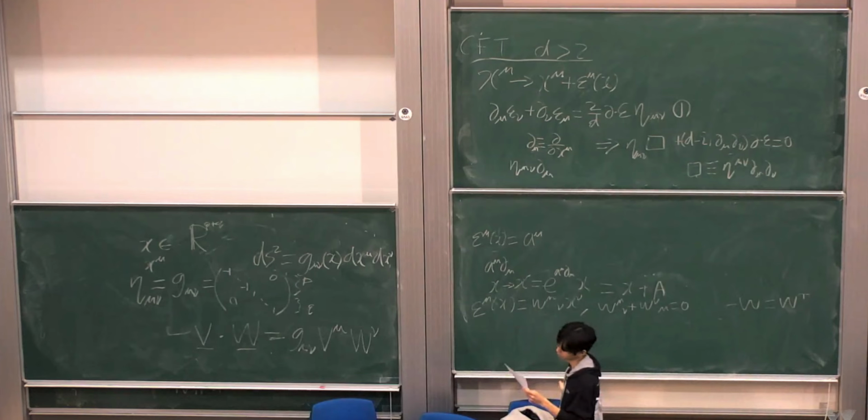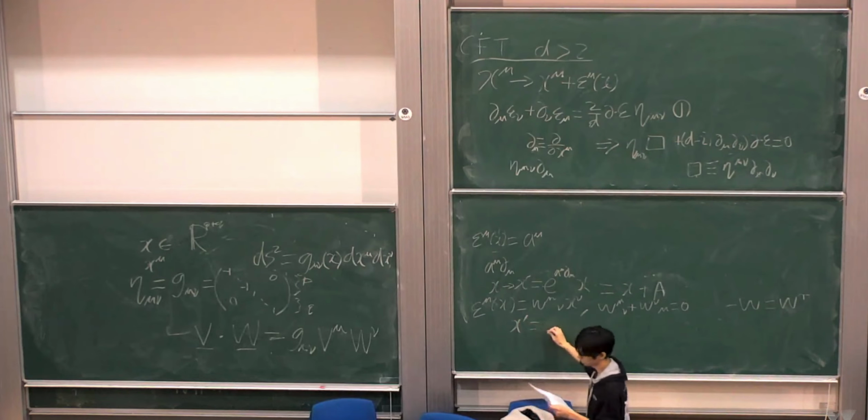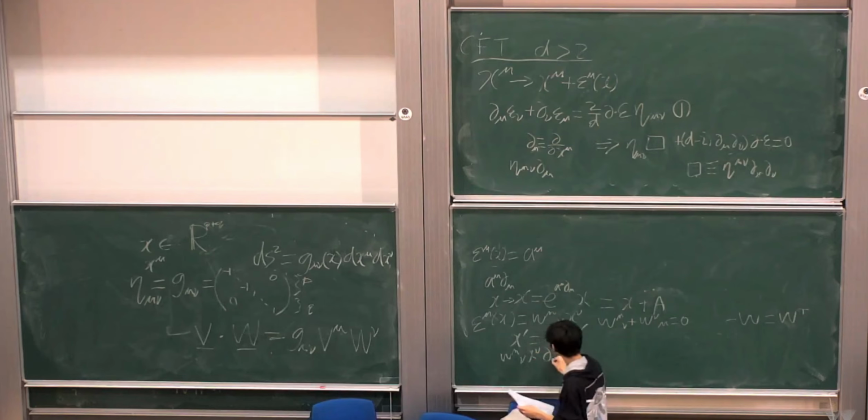Then the transformed vector is omega x, so that becomes, well, the generator is first of all omega mu nu x nu.